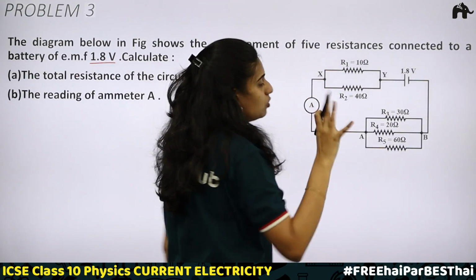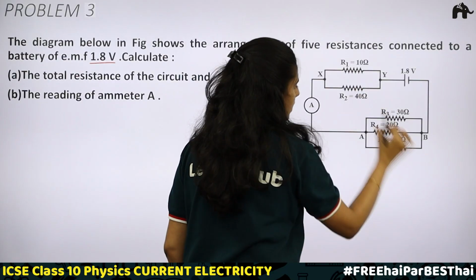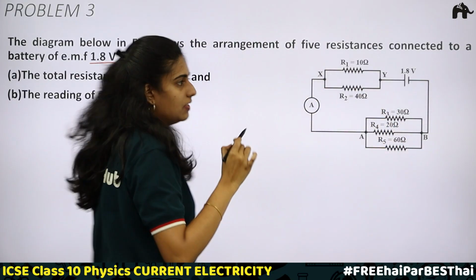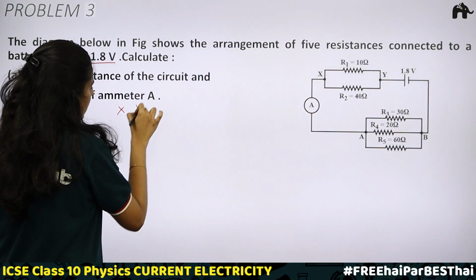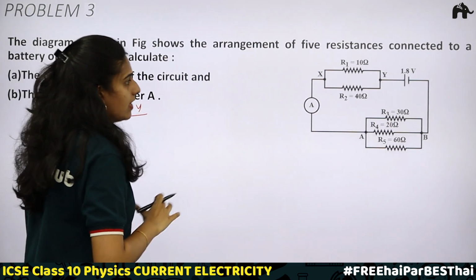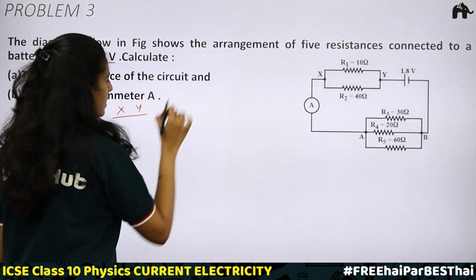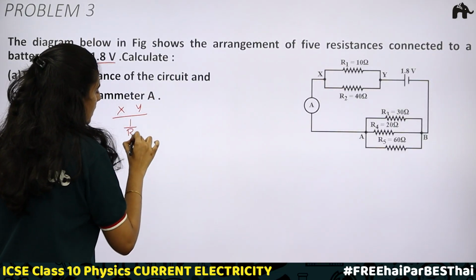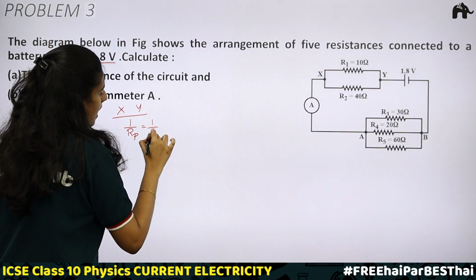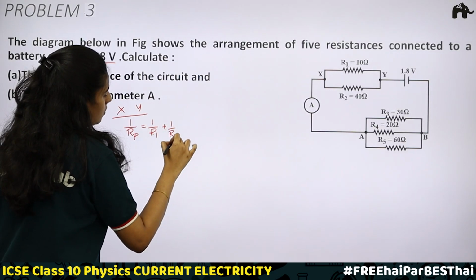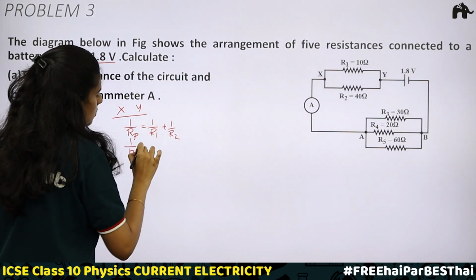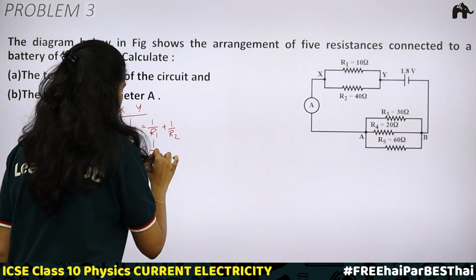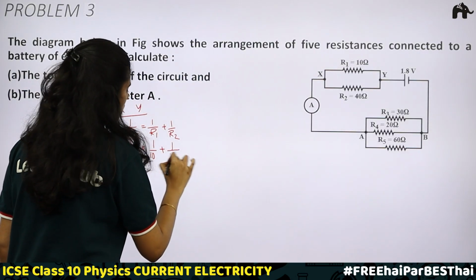So here we have two parallel combinations. This is the first one and this is the second one. First we will solve across XY. Between XY, what is the effective resistance? Here we have R1 and R2 connected in parallel. Therefore 1 by Rp equals 1 by R1 plus 1 by R2. R1 is 10 and R2 is 40.